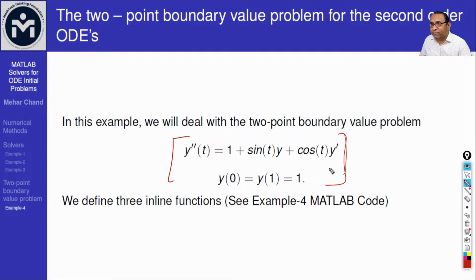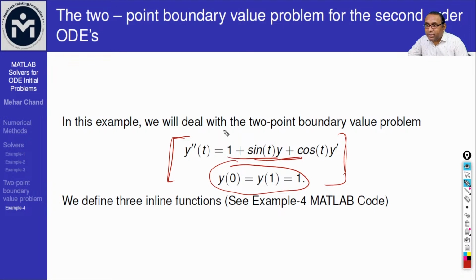When you have a second order differential equation with boundary conditions like this, you can easily use the same program. Now here you need to compare this differential equation with G naught T, then G1 T, Y, then G2 T, and these are the conditions.